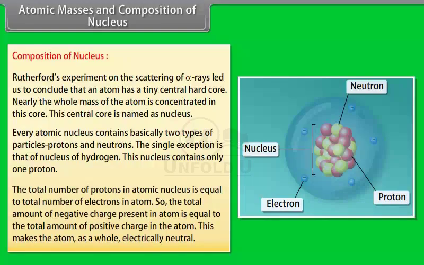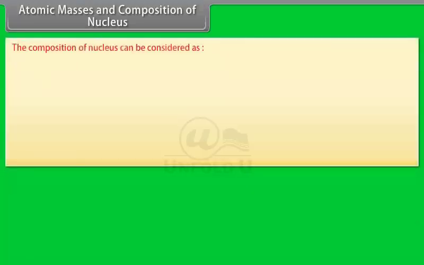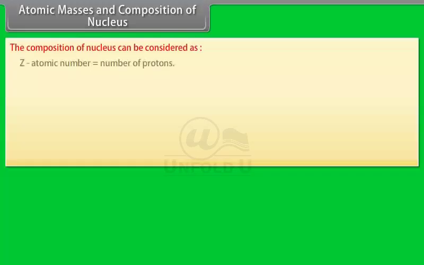The total number of protons in the atomic nucleus is equal to the total number of electrons in the atom. So, the total amount of negative charge present in the atom is equal to the total amount of positive charge in the atom. This makes the atom as a whole electrically neutral. The composition of nucleus can be considered as: let Z be atomic number, which is equal to number of protons.